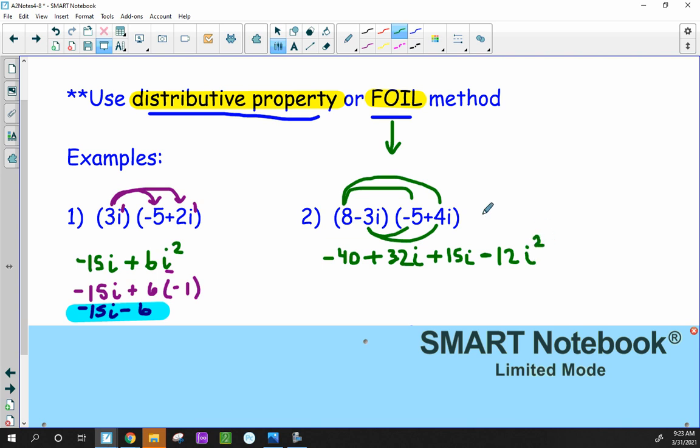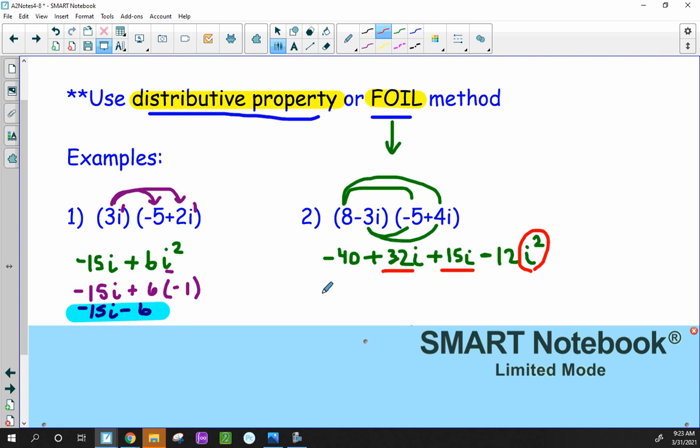Once you finish that step and you've done first, outer, inner, last, what usually happens is some of them can be combined. So I want you to notice as you scan through the step that these two are like terms. These are both imaginary numbers. Also notice that i squared is involved and we want to switch it over to a negative 1.